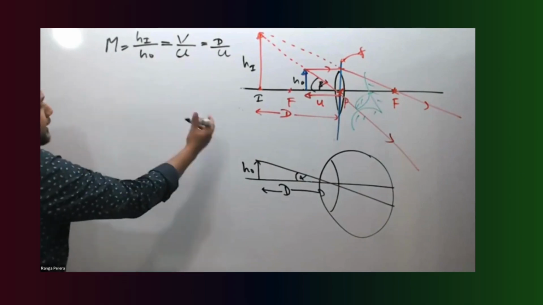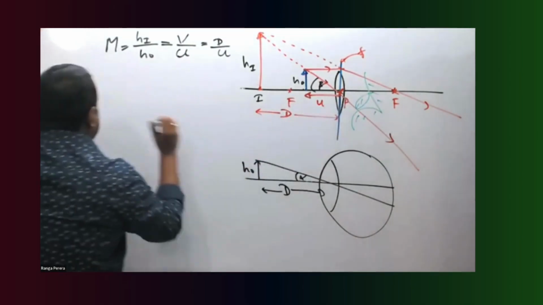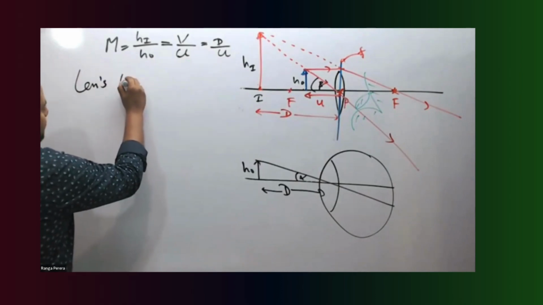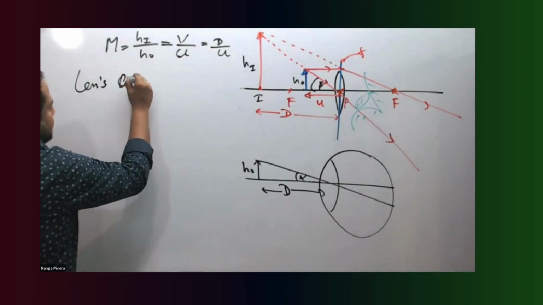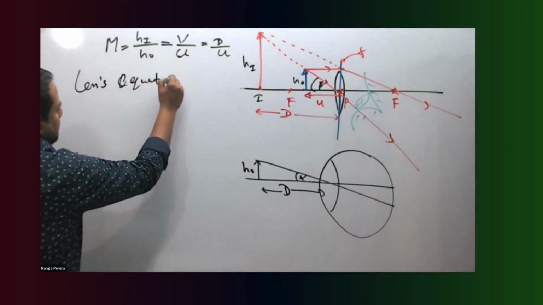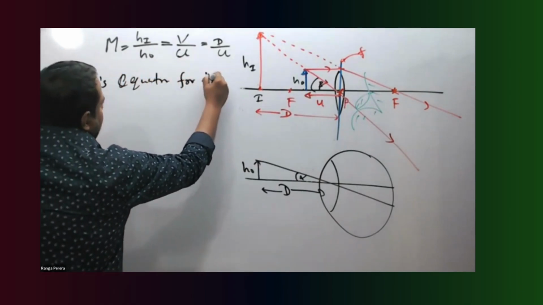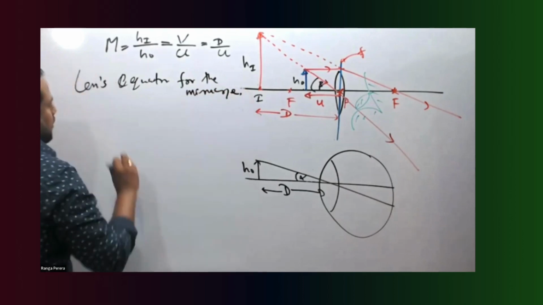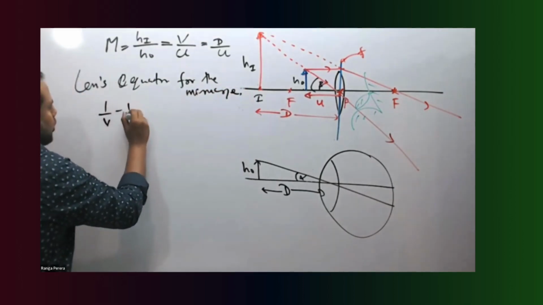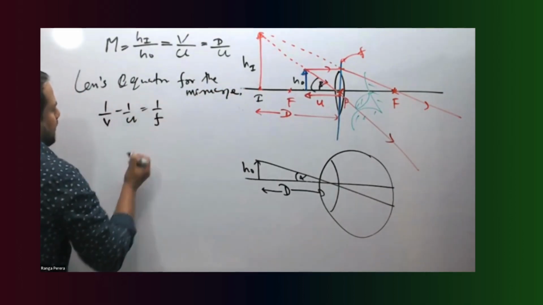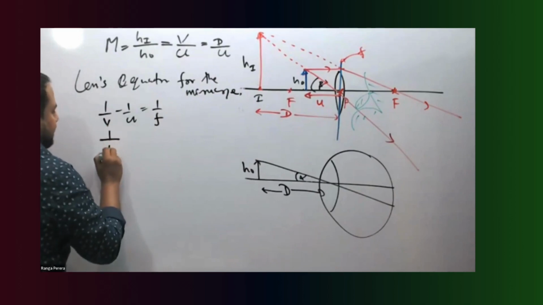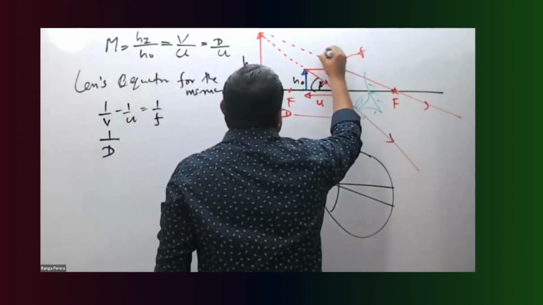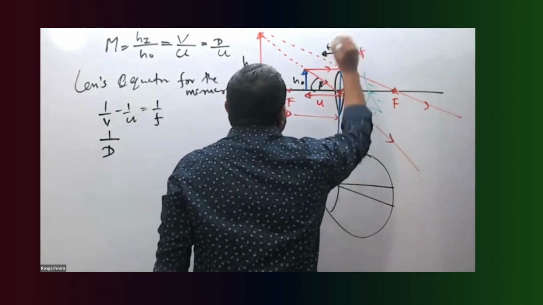So let us use the lens formula for this lens, the lens equation for the microscope. 1 over V minus 1 over U equals 1 over F. 1 over V is 1 over D. It is positive because, based on the sign convention, this distance is positive.